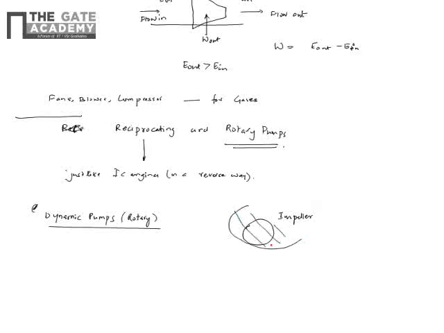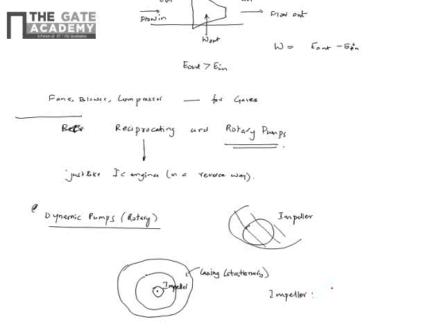Let me just draw it here. You have an impeller and an outer casing, and the impeller is connected to the shaft. The inner is the impeller, and the outer is some kind of casing which is mostly stationary, to change the direction of the flow and so on. The impeller is like a rotor, the rotating component.